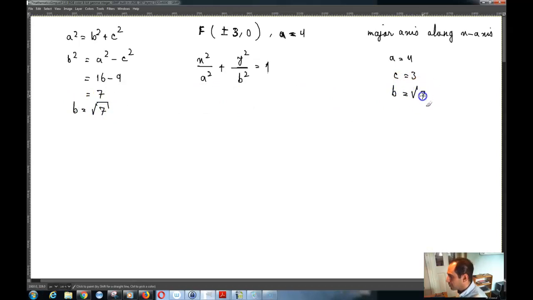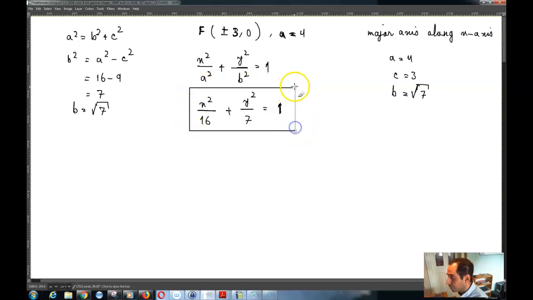Now you know your a and your b, so you can write x squared by 16 plus y squared by 7 is equal to 1. And that is the equation of the ellipse that you have. That was question number 17.